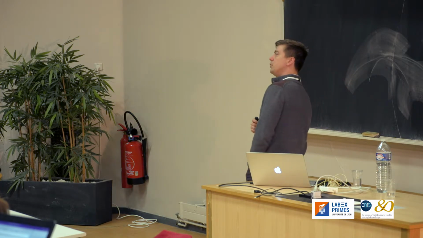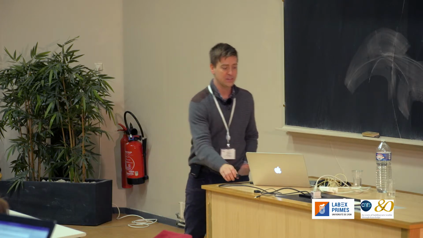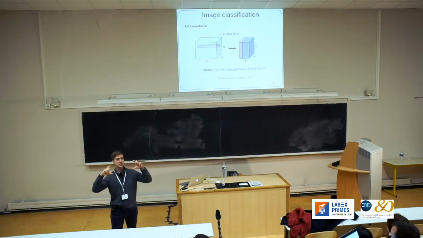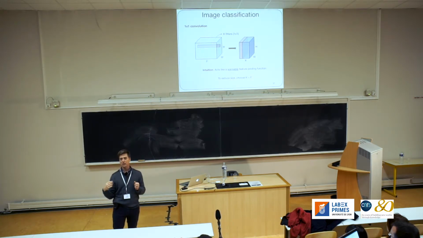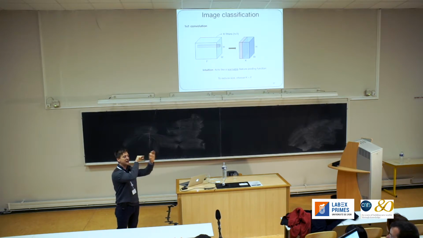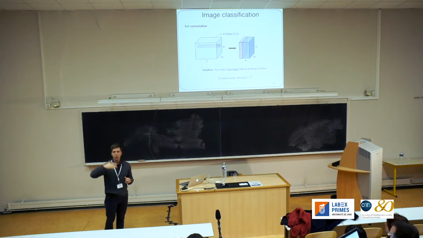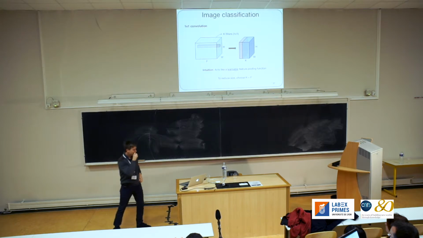Well, if you look at a one by one convolution, it doesn't change the size of the feature map in terms of height and width, because it's basically going one pixel at a time and just computing some values. So there's no stride, there's no border effect, there's nothing.